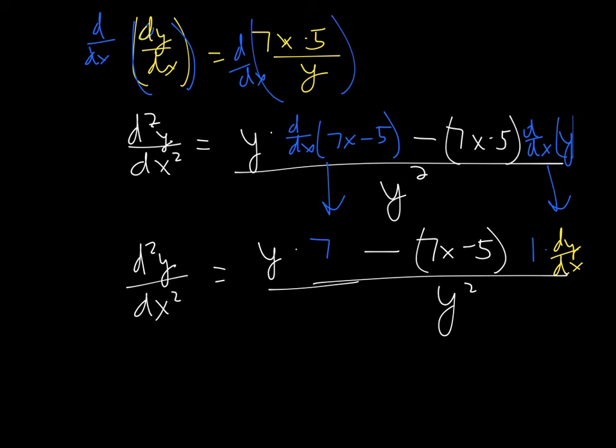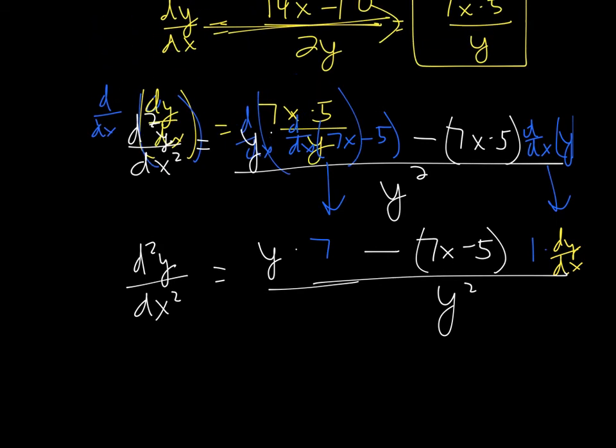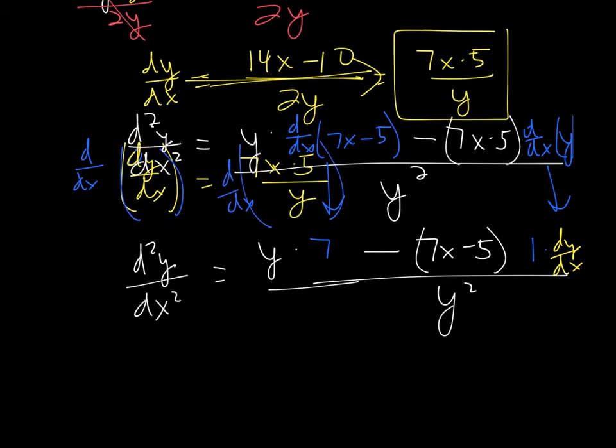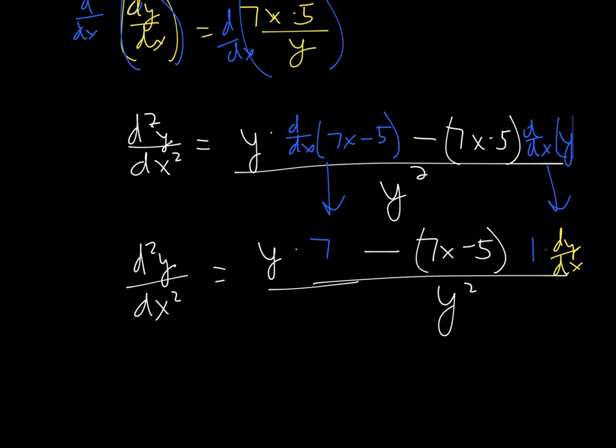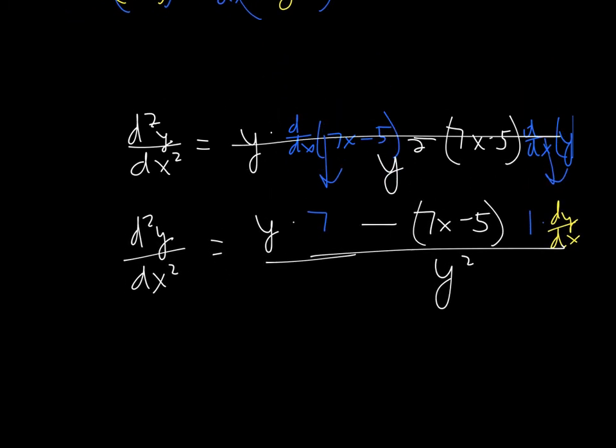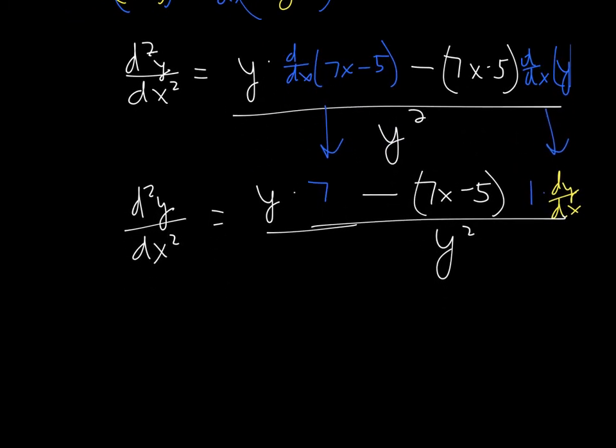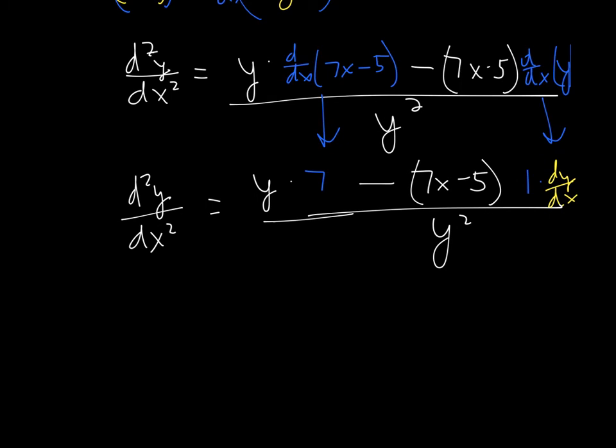So I'm essentially done with the calculus part, but we need to do some substitution and then, of course, some algebraic simplification. So I'm going to go ahead up to here and recognize that my first derivative is 7x minus 5 over y. 7x minus 5 over y is going to go in place of that.